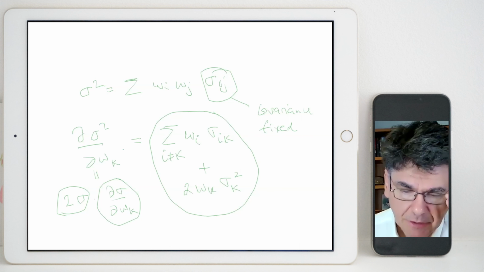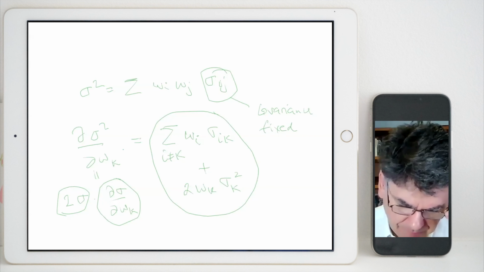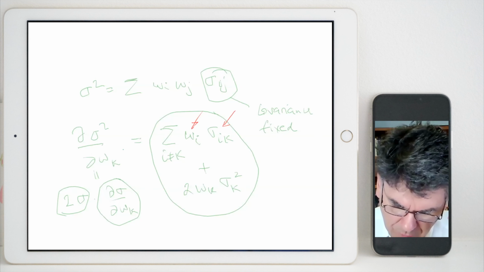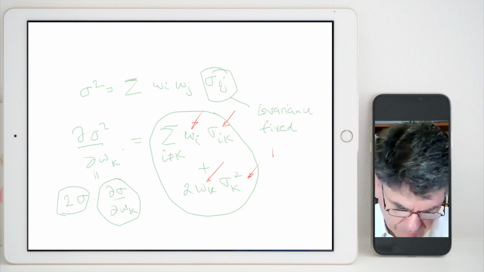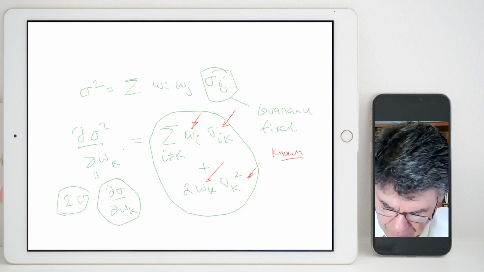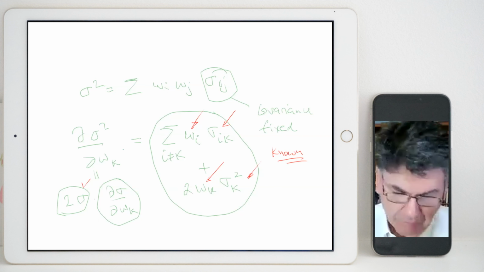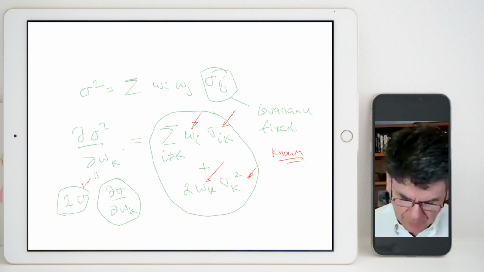And these are things that you can calculate because this you know, and this you know. Everything is known. More details? Okay. Let me give more details.